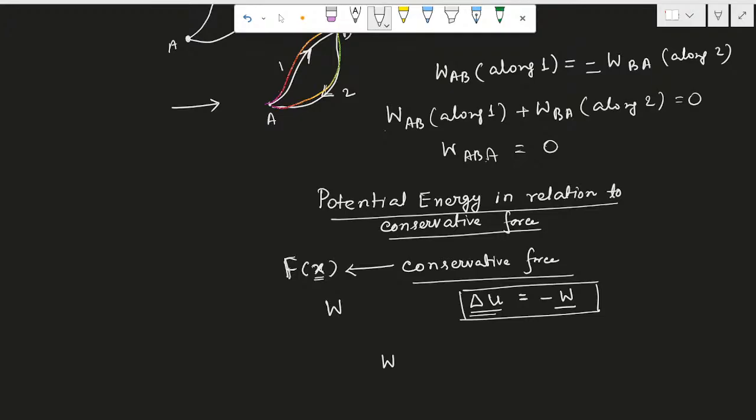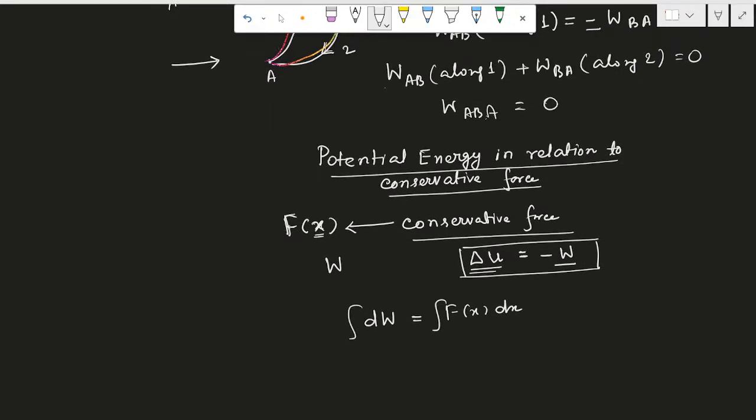For the work done by a variable force we know dW is equal to Fx dx, and therefore if you integrate both sides, considering the distance from x initial to x final, W is equal to the integration from x initial to x final of Fx dx.